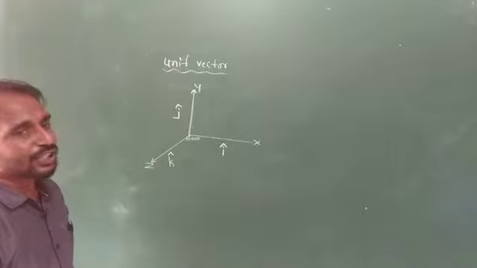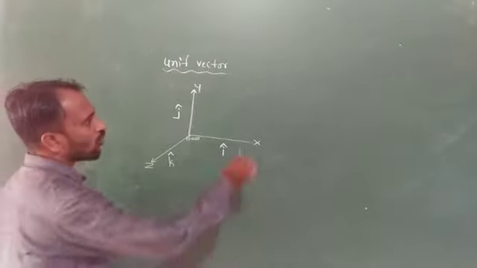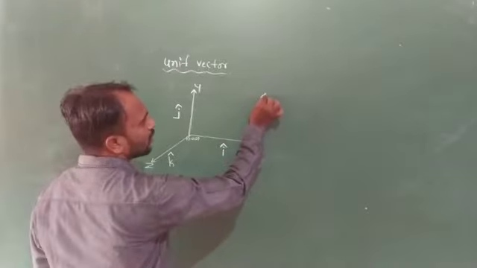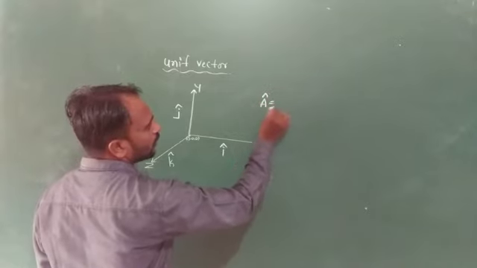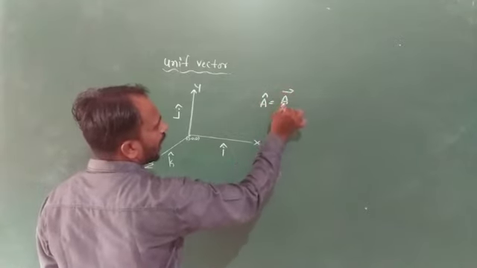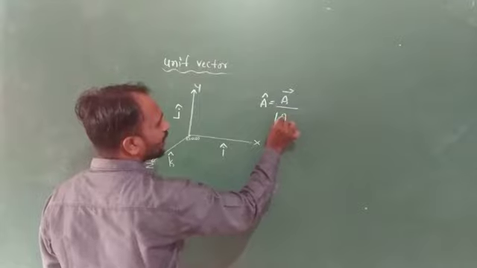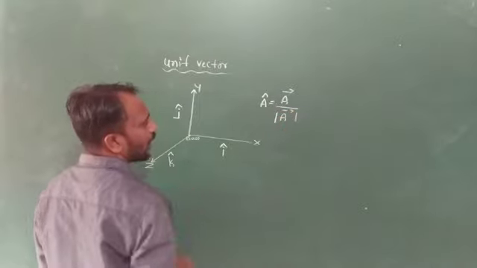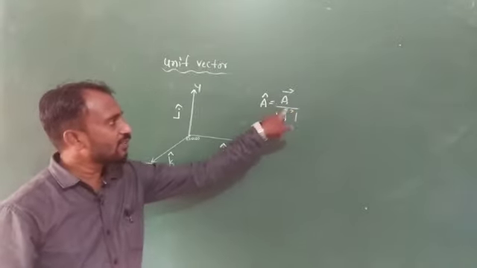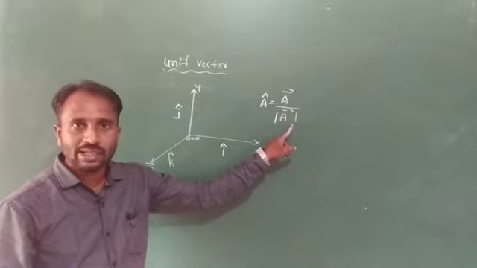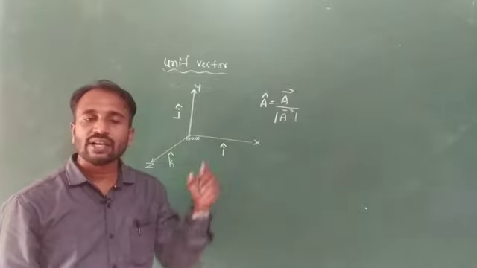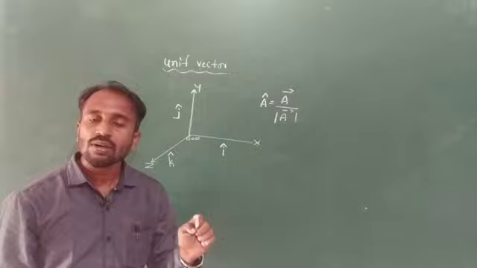The representation of a unit vector is always a cap equals vector a divided by modulus of vector a. Modulus of vector a means the magnitude of the vector.